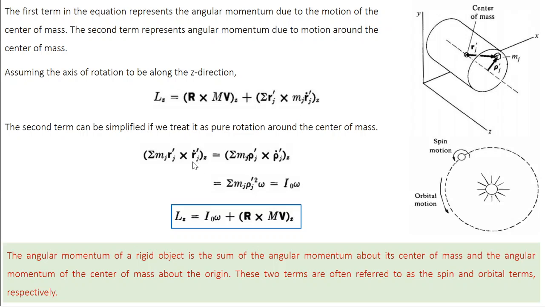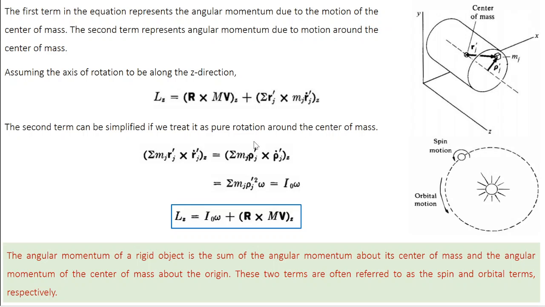So I can rewrite this equation in terms of rho j prime. Summation over j mj rj prime cross rj prime dot, I can write as summation over j mj rho j prime cross rho j prime dot, because rho j is the component which gives you the pure rotation.